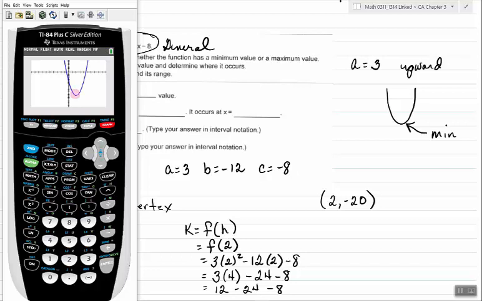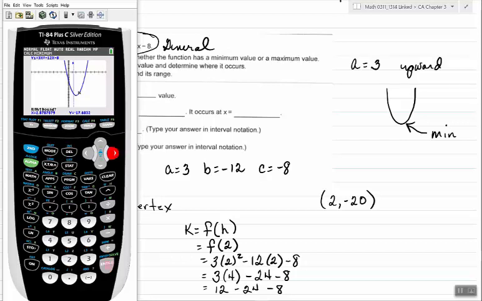I need the coordinates of that point. I can find that using the calc feature. Second, calc. It is a minimum, so I will choose number 3. I need to get close, but on the left side of the minimum. It says left bound, left side. Press enter. Pass through it.